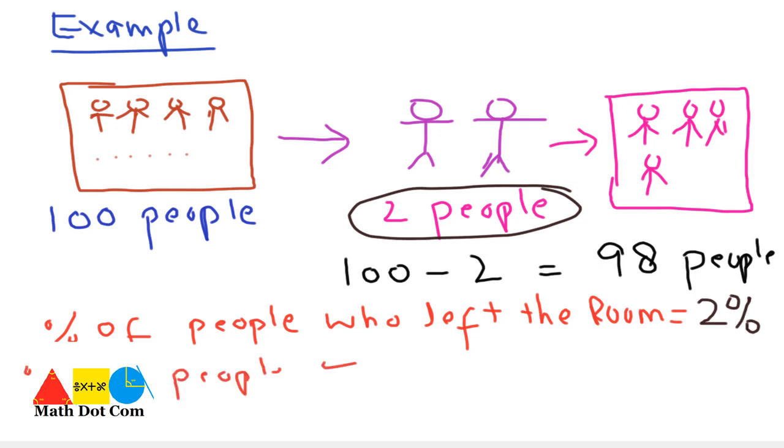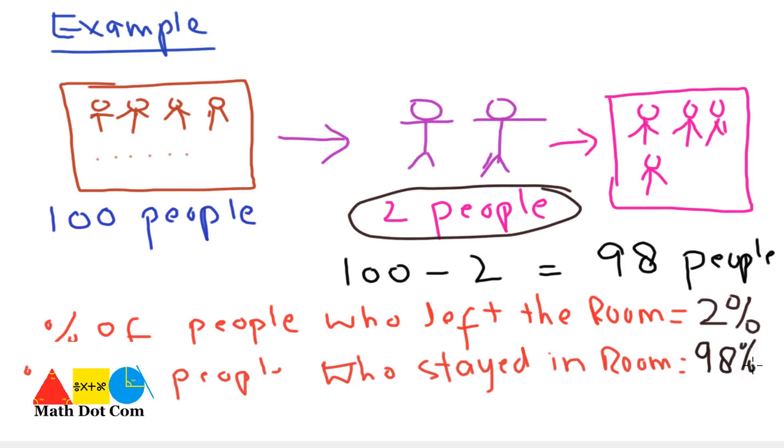Now what is the percentage of people who stayed in the room? Out of 100, 2% left and 98% stayed in the room. So this is how we find the percentage in daily life if we have a number of people or anything whose total is 100.